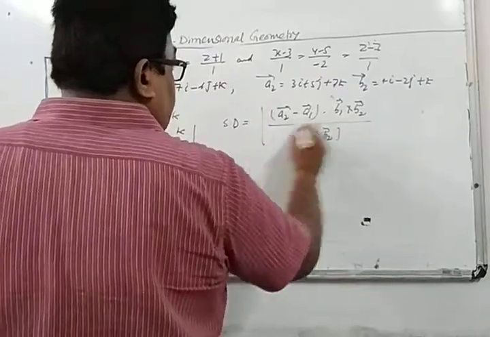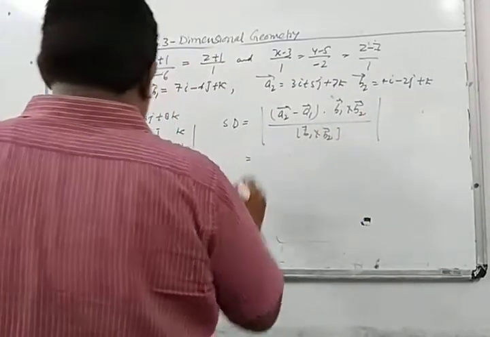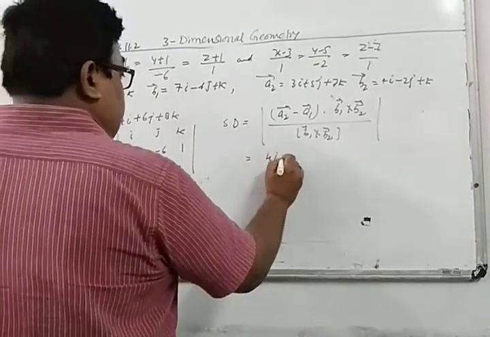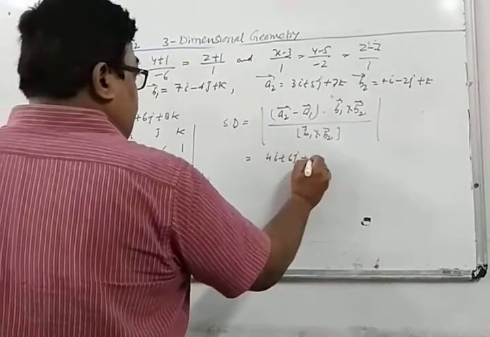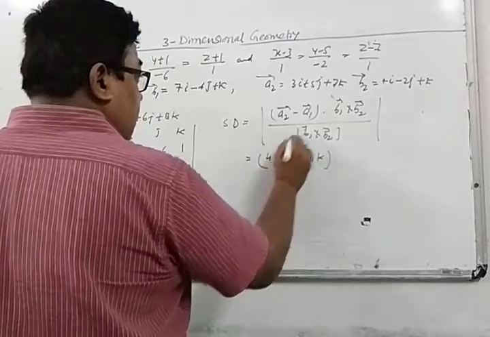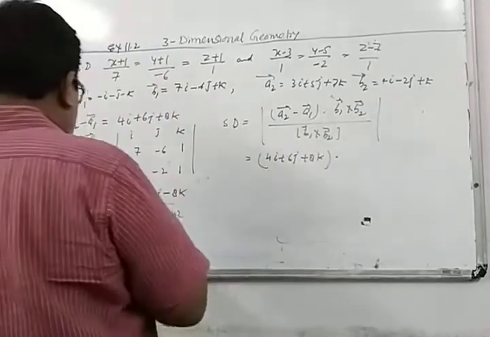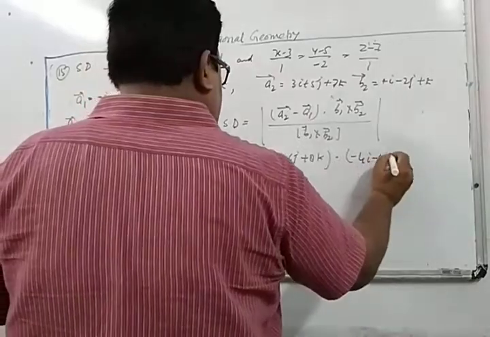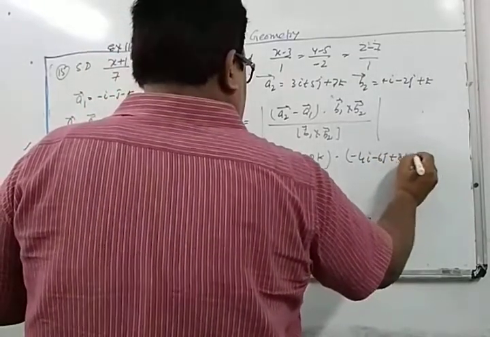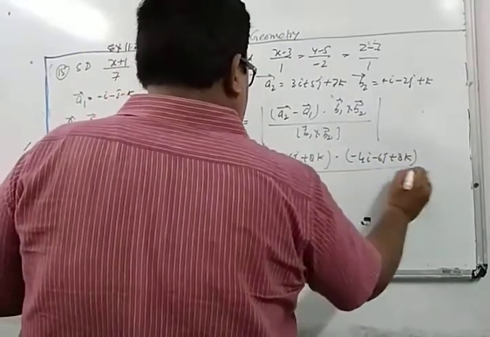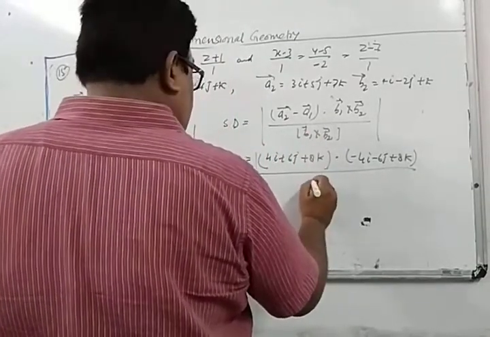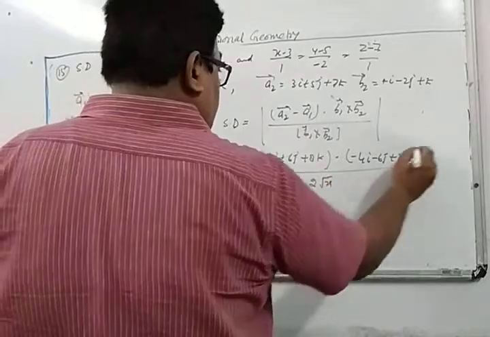Now putting the values, A2 minus A1 is 4i plus 6j plus 8k, dot B1 cross B2, which is minus 4i minus 6j minus 8k, upon the mod of B1 cross B2, which is 2 root 29.